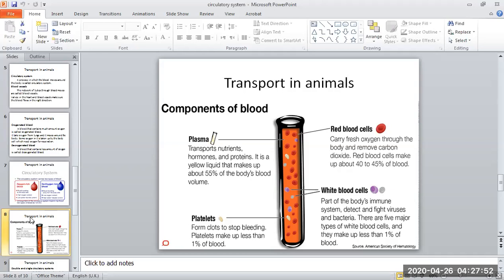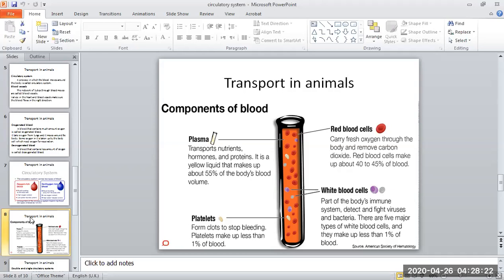Each and every one has some characteristics. You can see here plasma transports nutrients, hormones and proteins. It is a yellow liquid that makes up about 55% of blood volume. And platelets form clots to stop bleeding. It is 1% only in the blood.